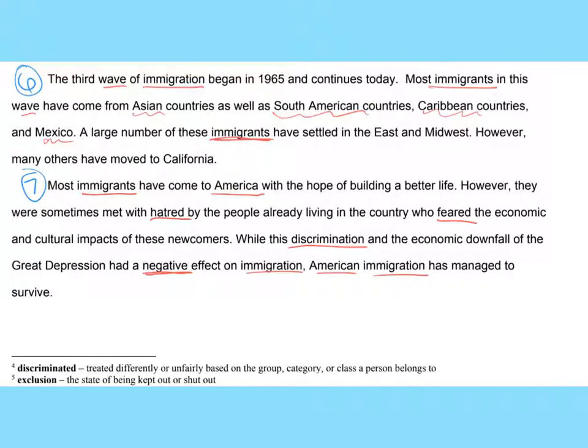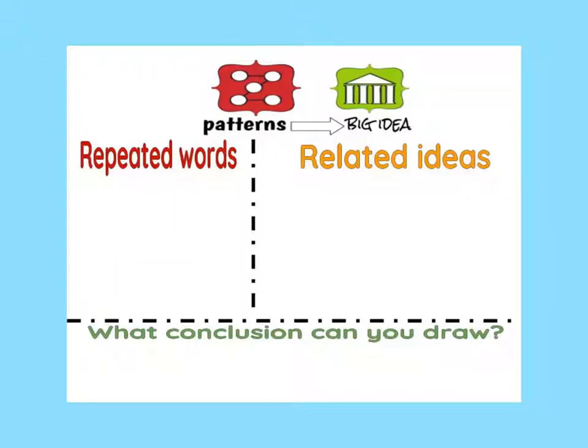So I've gone through and I think I've identified any repetition in words or ideas in this text. Now, as I look back in my text again, I know that I found several repeated words. I found the United States. I found repetition with the idea of immigrant and immigration.